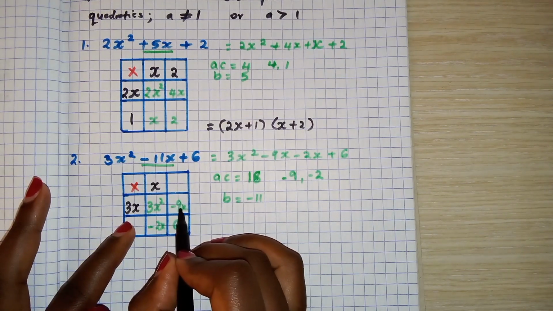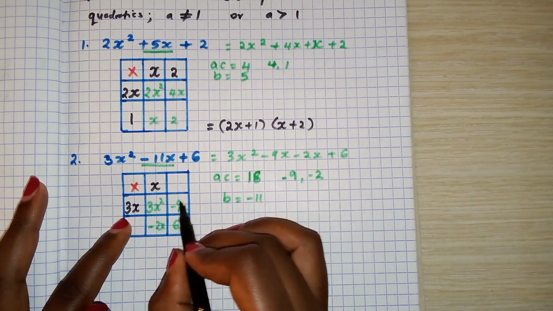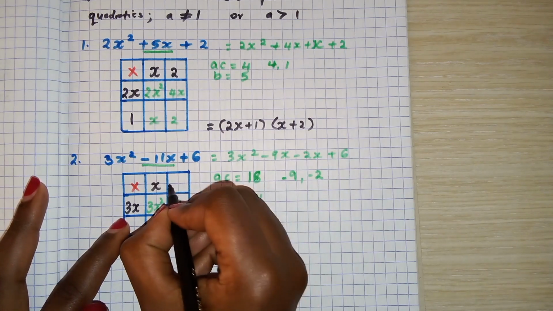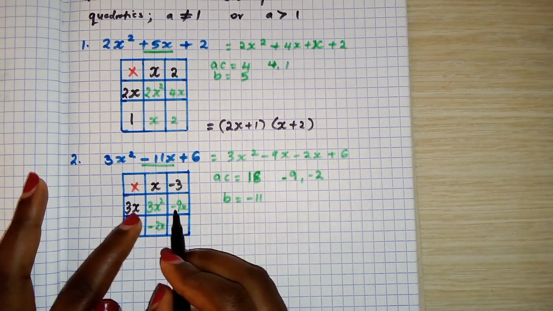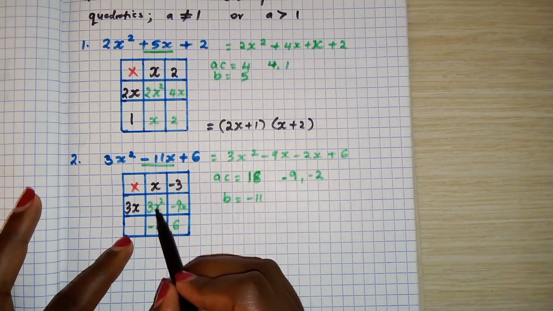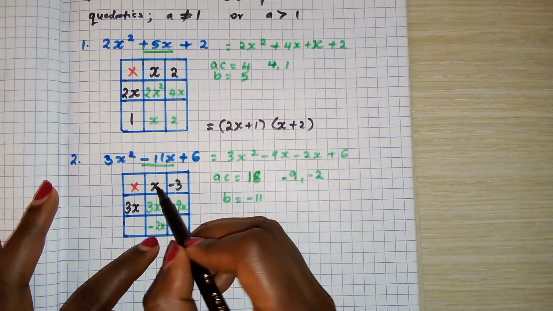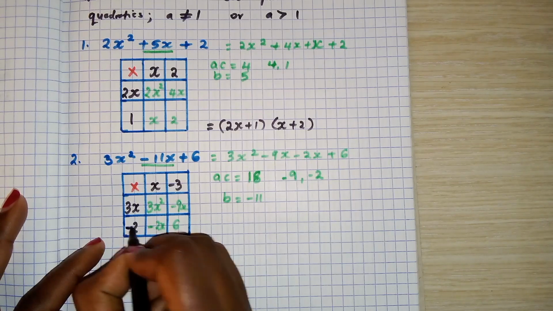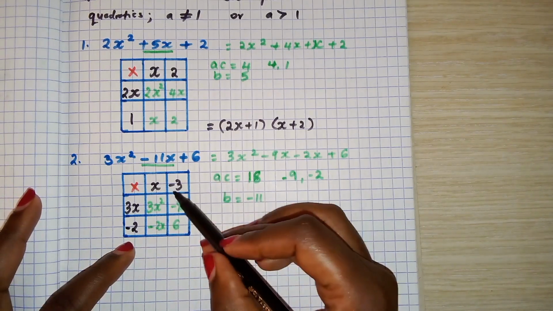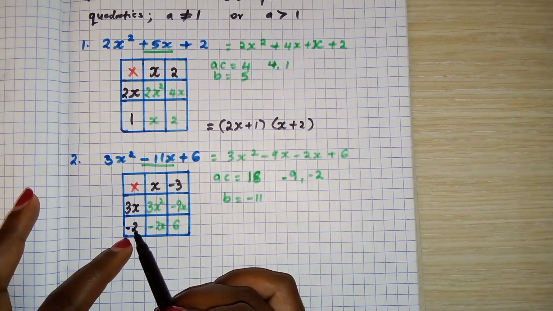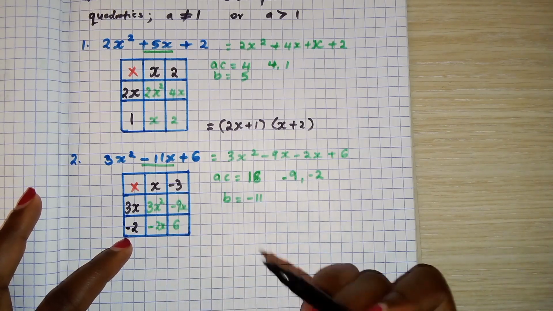Then negative 9x divided by 3x will be negative 9 divided by 3, which is negative 3, and then x divided by x is 1. Now on this side would be negative 2x divided by x will be negative 2, and then already we have that one. So negative 2 times negative 3 is positive 6.